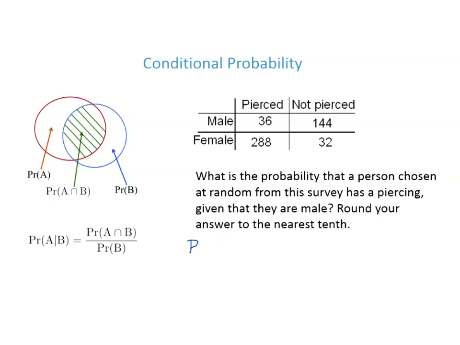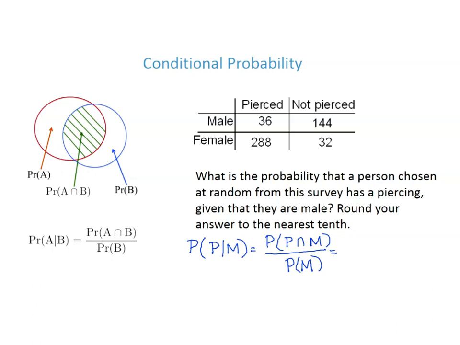So we want to know the probability that the person has pierced ears, or I guess it could just be any piercing, the probability that the person has a piercing given that they're a male. So we know that that's going to be the probability of the intersection over the probability that we choose a male.